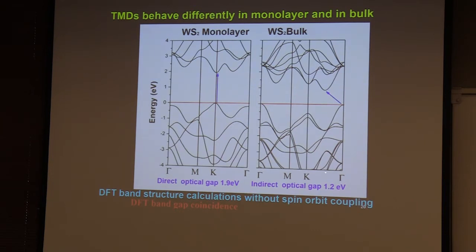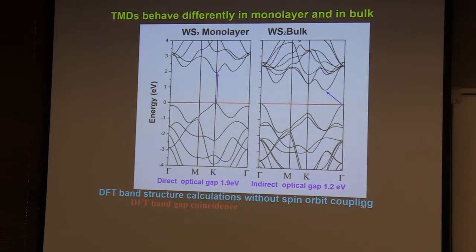Indirect means that in momentum space you have a different momentum. Here you have the transition at the same K. In bulk, the valence band maximum is at gamma, and your transition needs to be from gamma to an intermediate point between gamma and K. This is called Q or lambda.